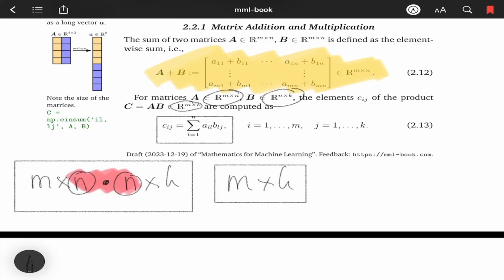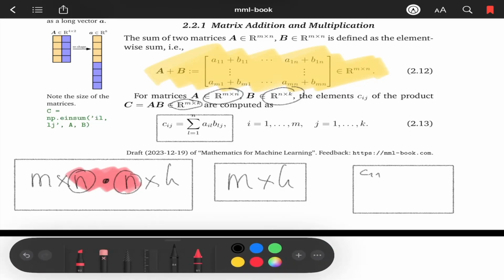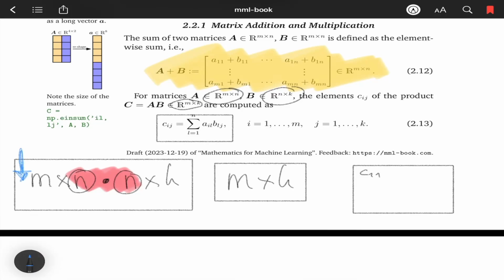And then you have a new matrix, and for the first element of that new matrix, we know that first you go down. So let's just take blue for the first matrix. First you go down, and then you go to the side.